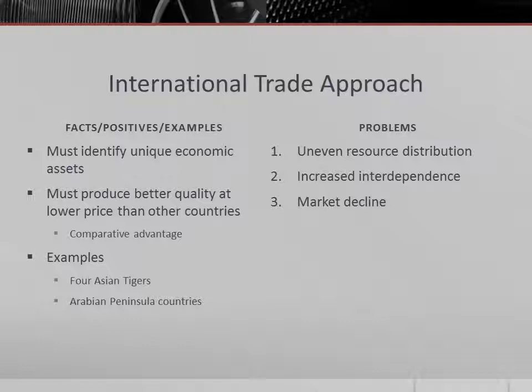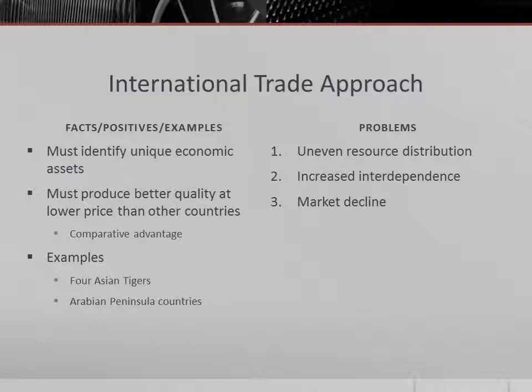We know we're not going to do a lot of services, whatever it might be. So there's uneven resource distribution because you're identifying, okay, what do we do? We're going to focus on the secondary sector, those newly industrialized countries. We're going to focus on manufacturing. We're going to lure some of those manufacturing jobs from MDCs to semi-periphery states. So we're going to focus on that at the expense of other things.